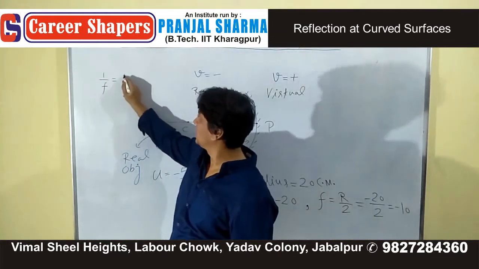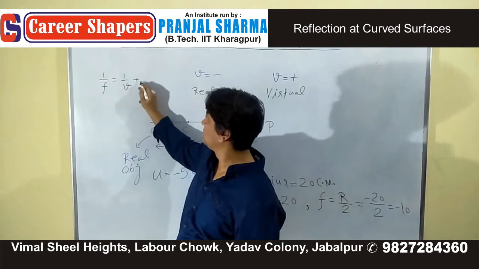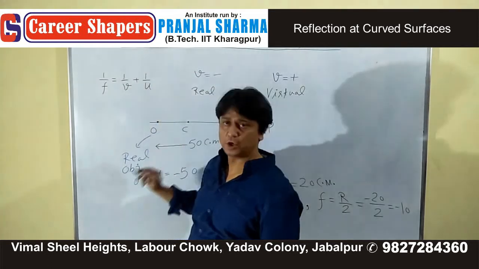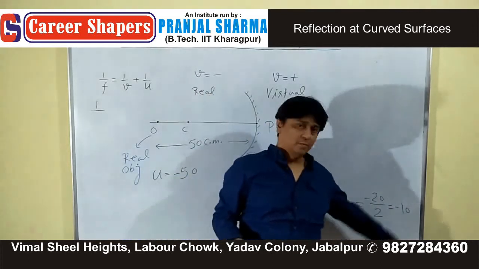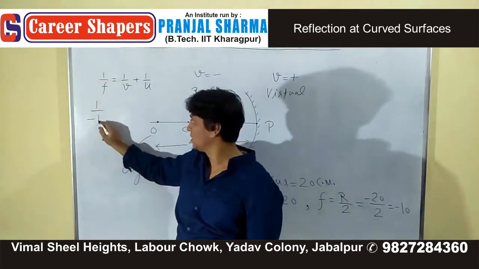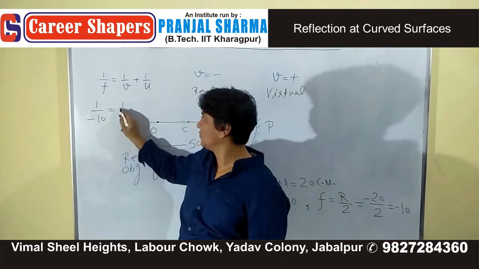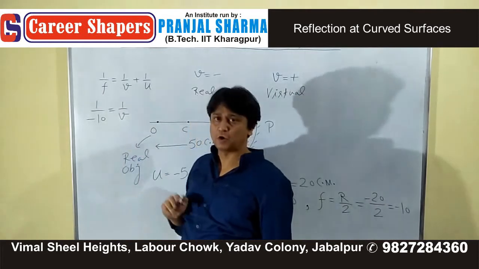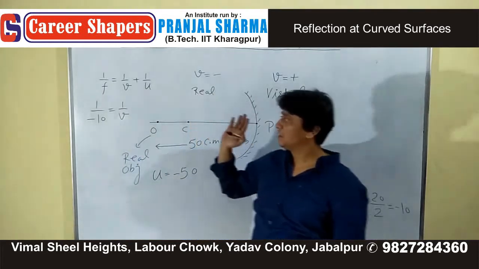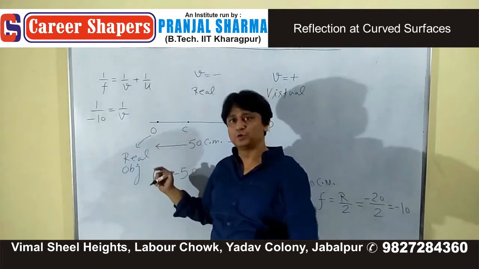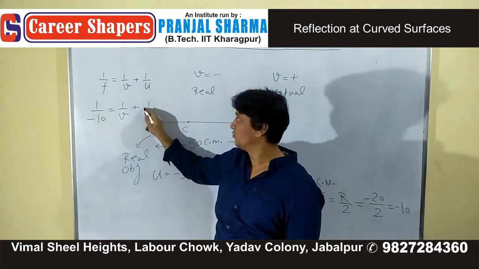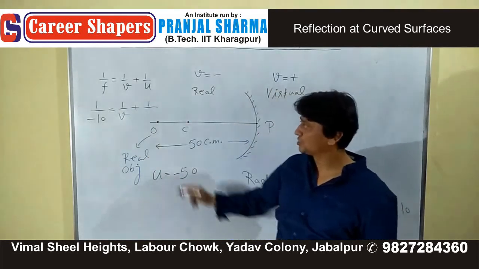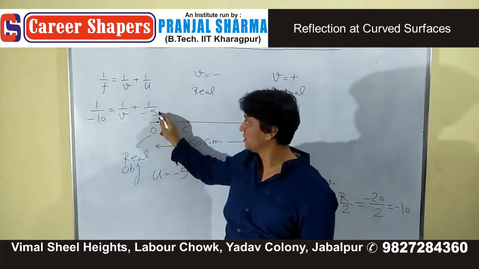Now, 1 upon F equals 1 upon V plus 1 upon U. What is F? Minus of 10. V, we are interested in it. We don't know the position. Unknown things should be used without any sign. V as it is. Plus 1 upon U, which is minus of 50.